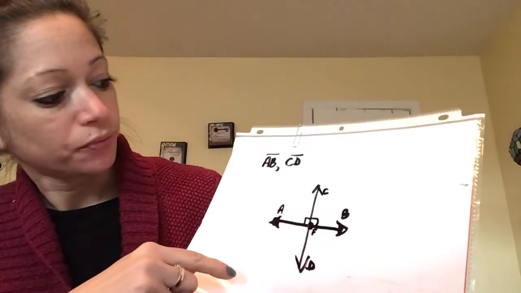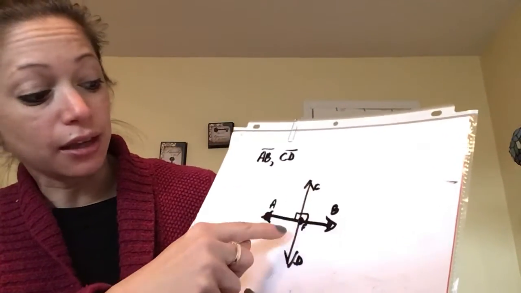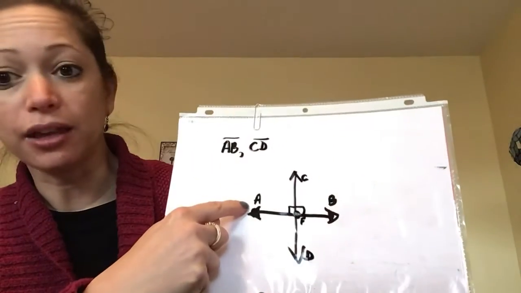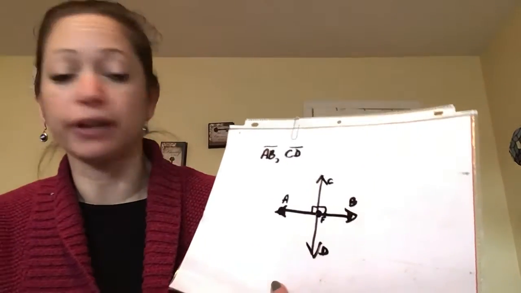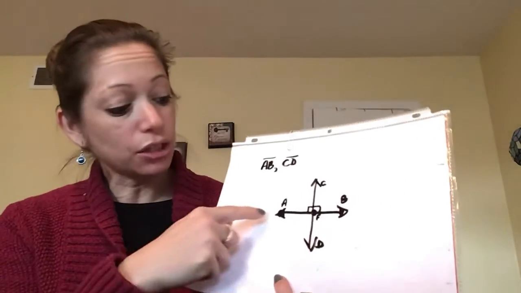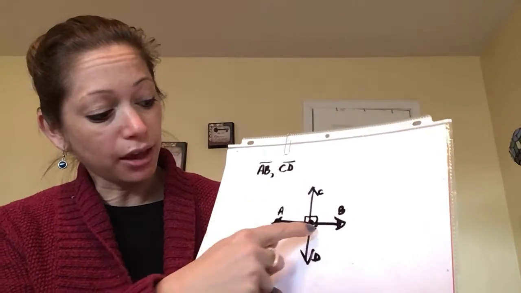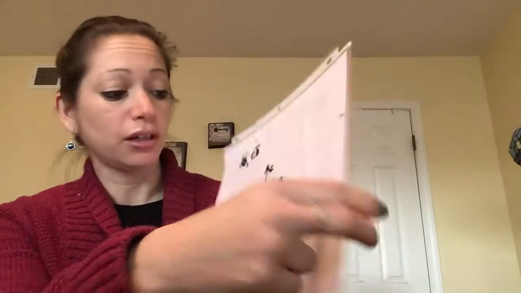That point in the middle, I'm going to call it F. So we can actually say this CFA. That's a right angle there. And then we can go down. We can say AFD. That's also another right angle.